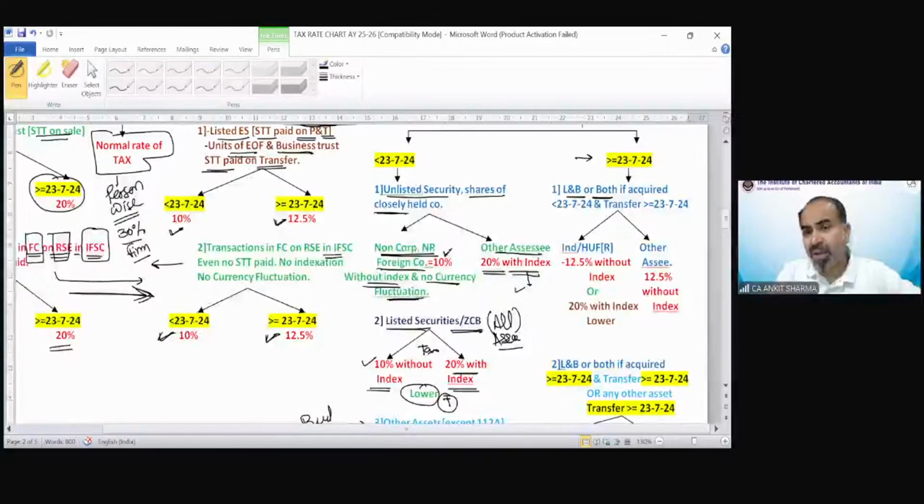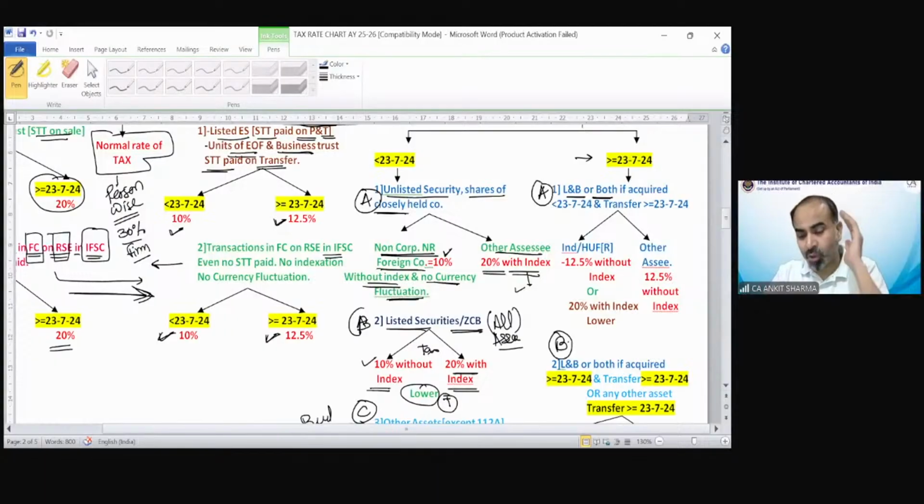Before 23rd of July, there are three kinds of capital gain rates we need to learn: A, B, and this C. But on or after 23rd of July, there are just two, A and B. So the provision has become easier. But this 23rd of July concept, you have to remember in your mind. The first point in solving a capital gain question in your examination is to see the date of transfer.